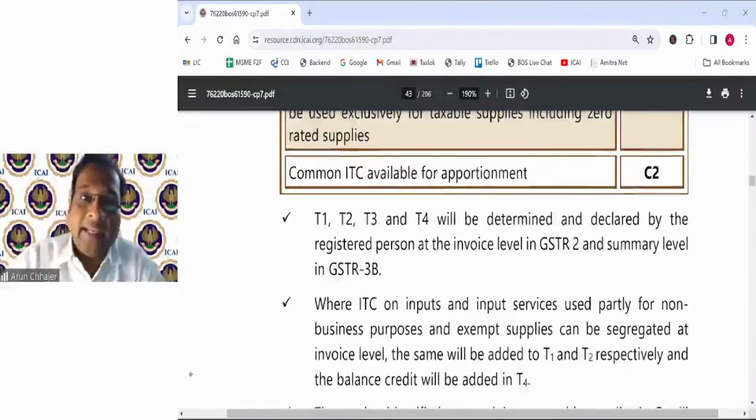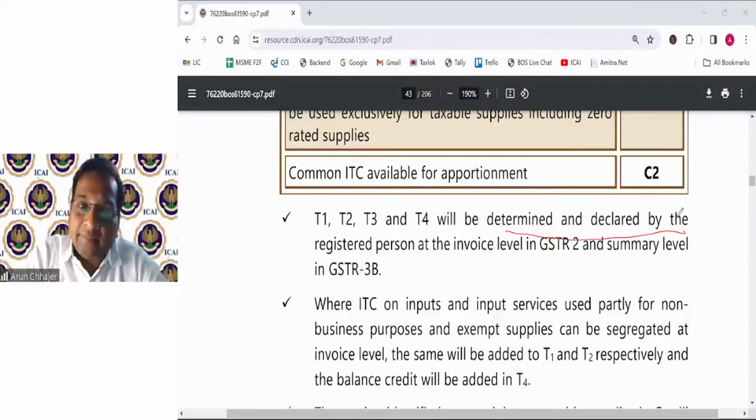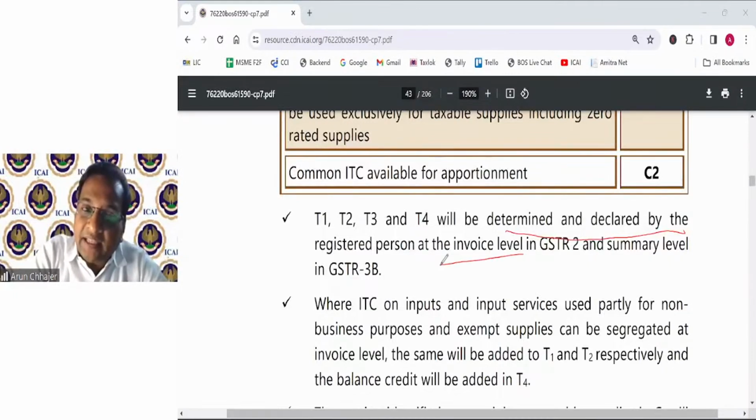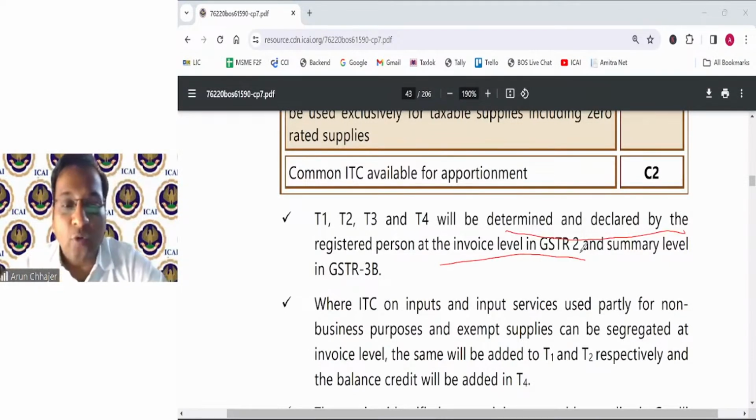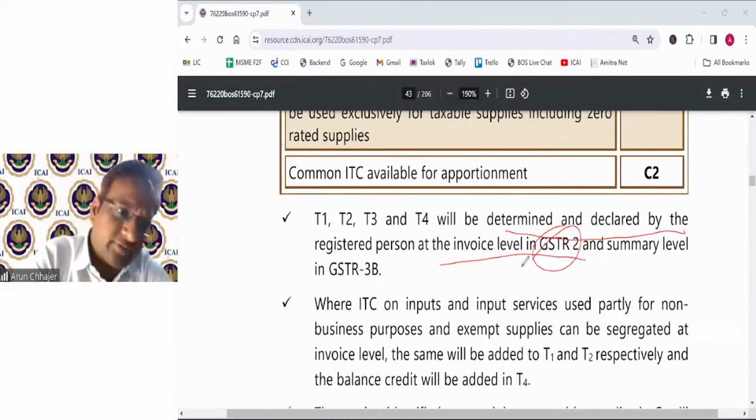So T1, T2, T3 and T4 will be determined and declared by the registered person at the invoice level in the GSTR2 and summary level in the GSTR3. Now the concept of GSTR2 has been removed.